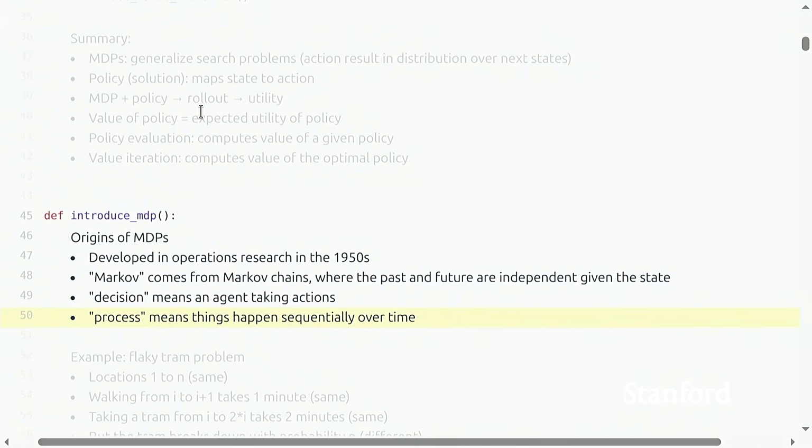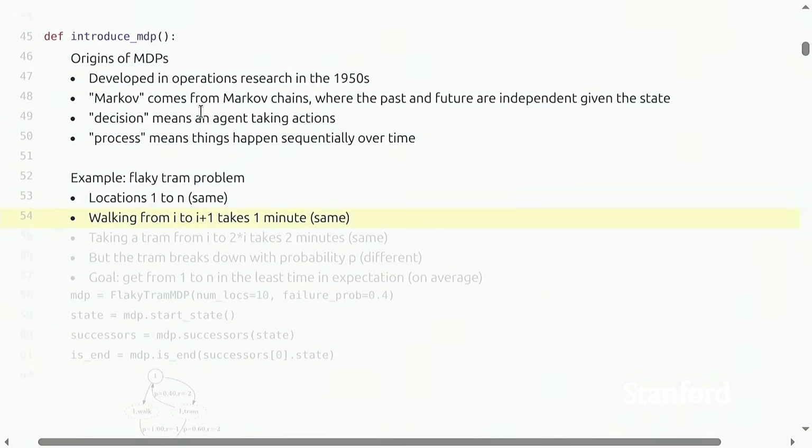So to define our first MDP, let's take the travel problem from before. Remember, we had locations 1 through n. And walking from i to i plus 1 takes 1 minute, and taking a tram from i to 2i takes 2 minutes. This is all the same, but we're going to add one twist, which is that the tram can break down with some probability.